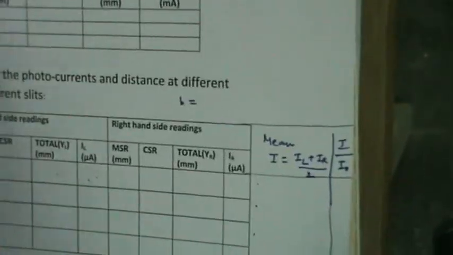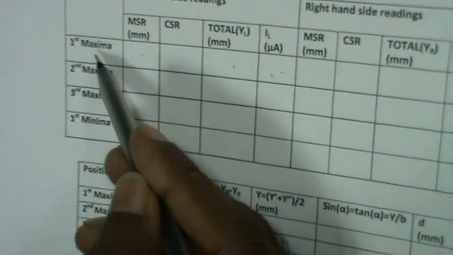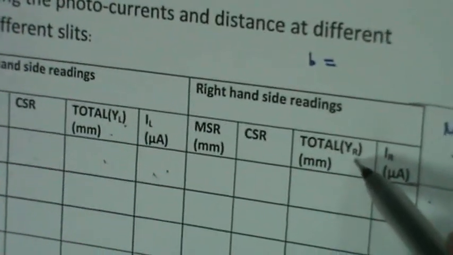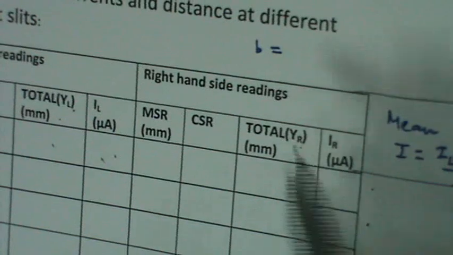So from this value y naught is known, which means we have identified this point. And I want to find out the distance between the first secondary maximum and central maximum. You just take the difference between YL and Y naught, similarly Y naught and YR on both sides, and take the average of those two differences.